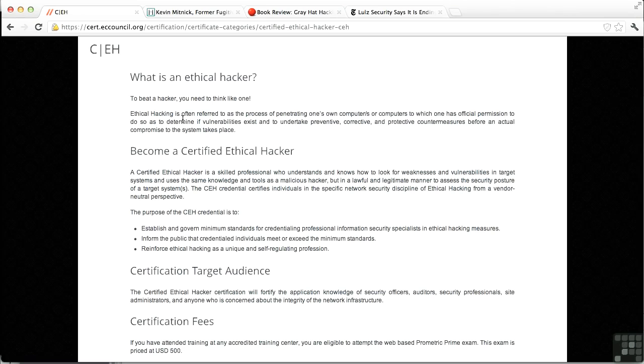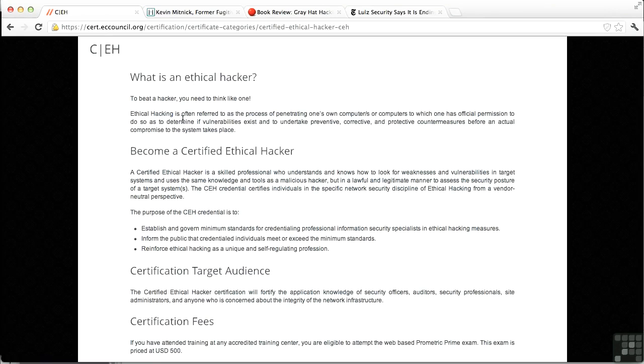Now, an ethical hacker is somebody who thinks like a black hat hacker, or thinks like somebody who's intent on breaking into your system, but follows a moral compass that's more in line with probably the majority of the population. So their intent isn't to do bad things. Their intent is to look for bad things and get them fixed so that bad things don't happen.